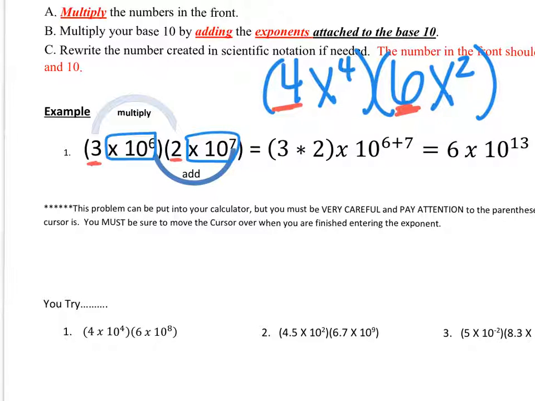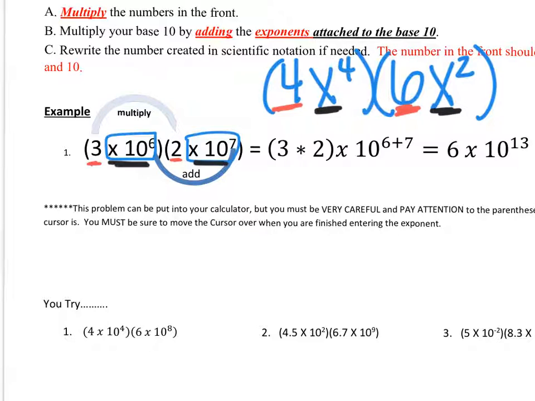They can both be considered coefficients, okay? Whereas the x is the base in our top problem, and the times 10 to whatever exponent is the base in scientific notation, okay? So the rules still apply. We're going to multiply our coefficients, and we're going to add our exponents.